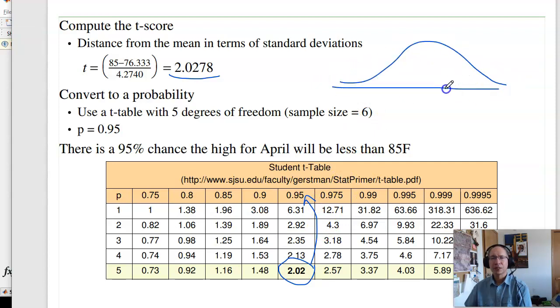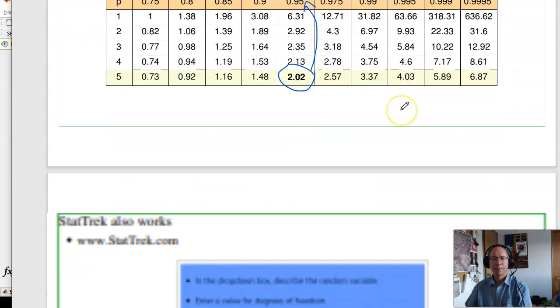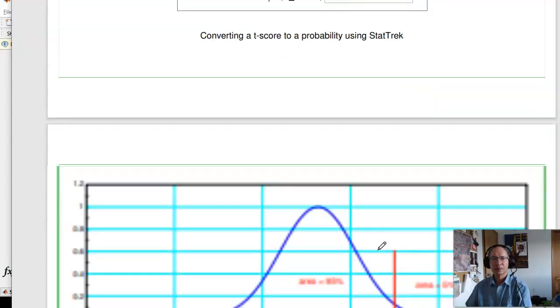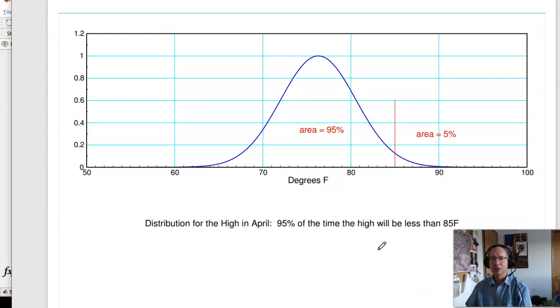So again, here's your data. My data average is 76 degrees. I'm looking at 85 degrees. So the area to the left is 0.95. Area to the right is 0.05. 5% chance it'll break 85 degrees this coming April. I can do a table or just go to Stattrack. At a t-table, I've got 5 degrees of freedom, t-score is 2.02, calculate, I get 0.9508. And that's kind of what it looks like.